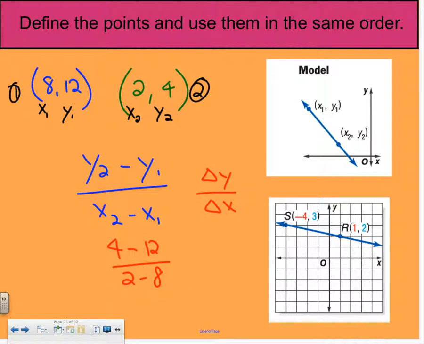Negative 8. And what is 2 minus 8? Negative 6. And if I have a negative divided by a negative, that would be a positive, right? So I have 8 over 6. Is there any other way that I can simplify that? 4 over 3. Very good. So my slope, using the slope formula, is 4/3.